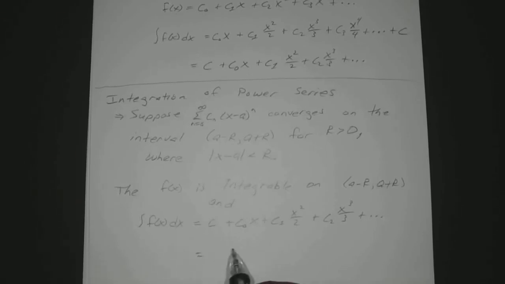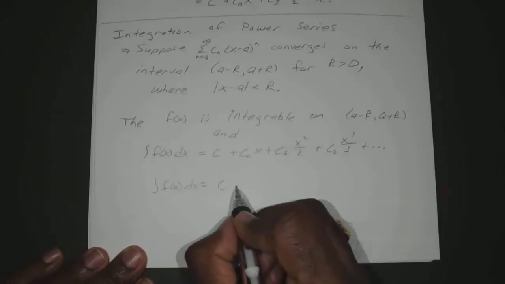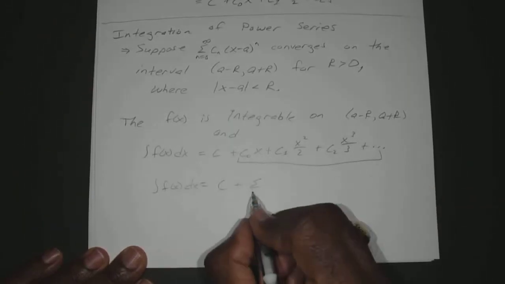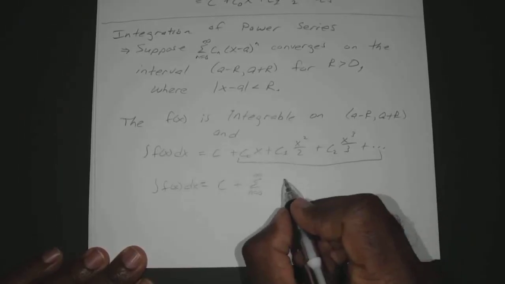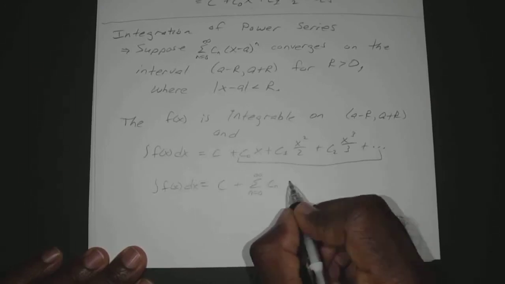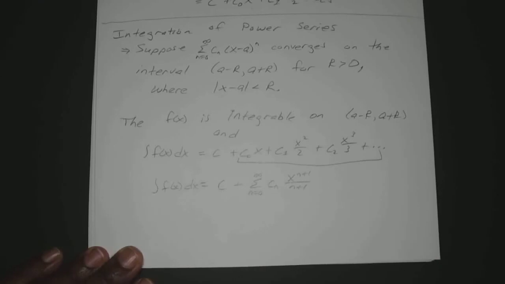So really, this just means the integral of f of x is equal to c plus the sum, because we're just going to get all of this and bring it together, from n equals 0 to infinity, of c sub n times x to the n plus 1 over n plus 1.